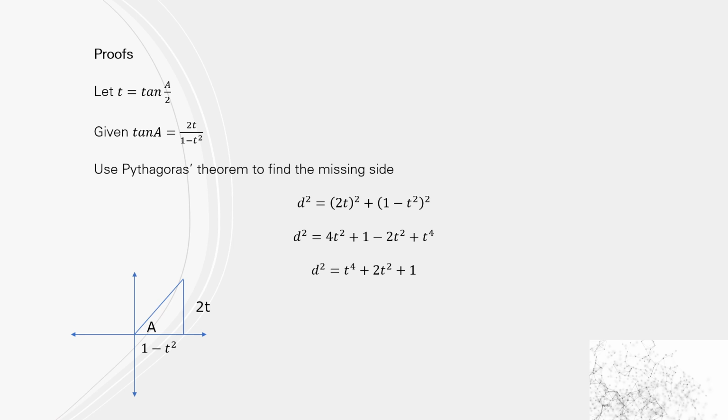So that gets you 4T squared plus, and then the expansion of that second one is square the first, twice the product, square the last. Simplify, that gets you T to the 4 plus 2T squared plus 1. That happens to be a perfect square. So therefore D squared is equal to T squared plus 1 all squared. So the hypotenuse is T squared plus 1.